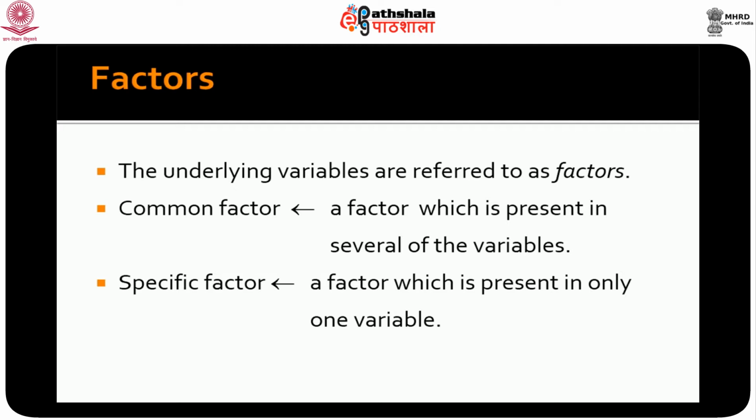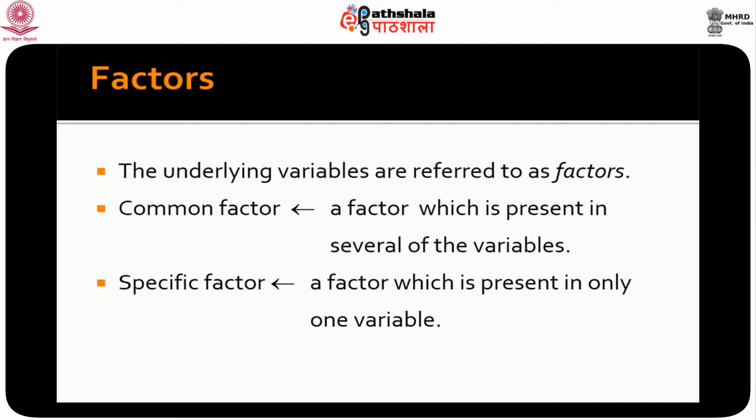In this case, what we look at is what are the underlying characteristics which affect the variables. So, there may be a very large number of variables, maybe 50 variables. However, these 50 variables may be given rise to by a small number of factors, say 5 or 6.